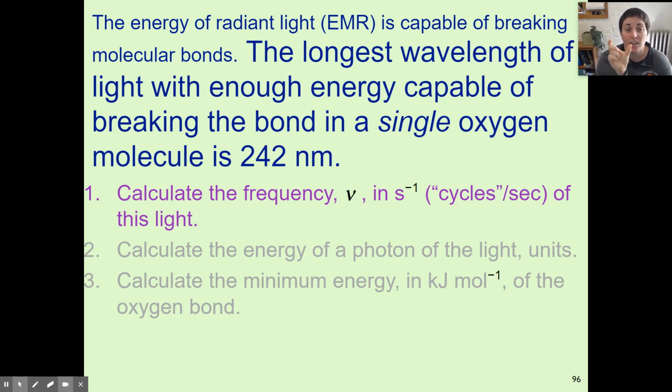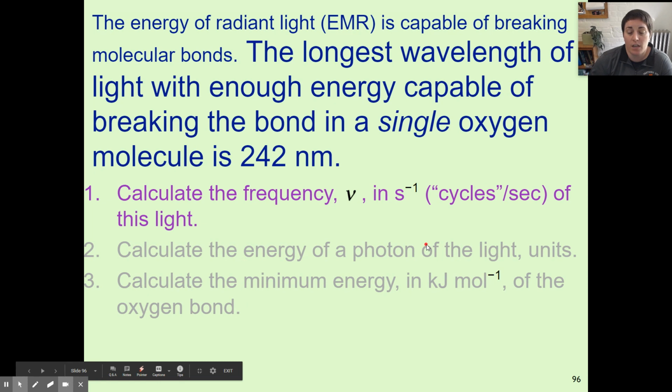So we are given the wavelength of light. Calculate the frequency of this light. Then we're going to go on to calculate the energy of a photon and the minimum energy in kilojoules per mole of that oxygen bond. So take a moment and see if you can set up this first calculation. How would we solve for frequency if we're given wavelength? Look at your equations and see which equations would be helpful here.